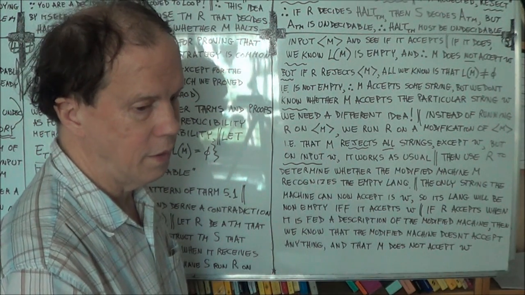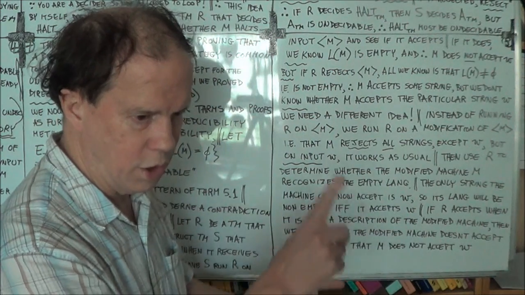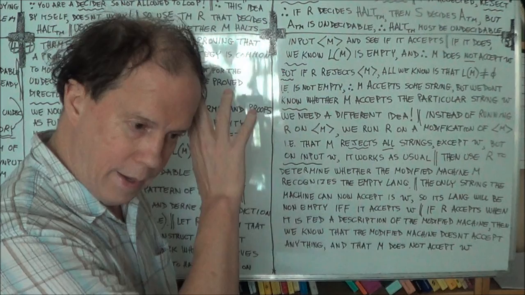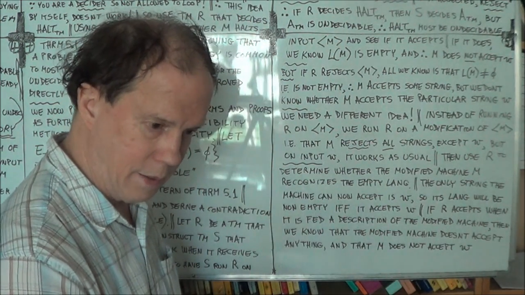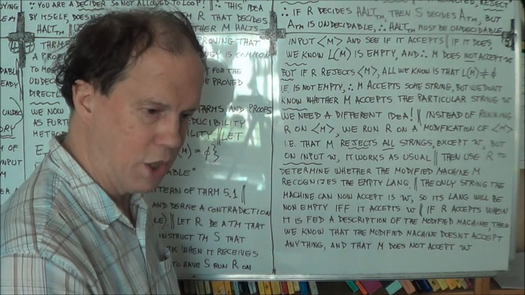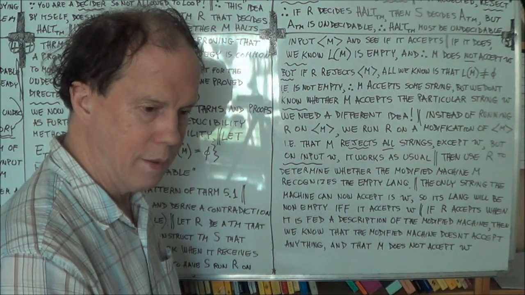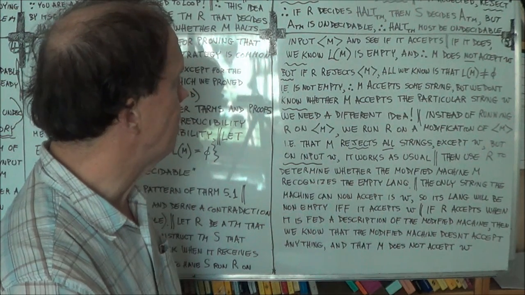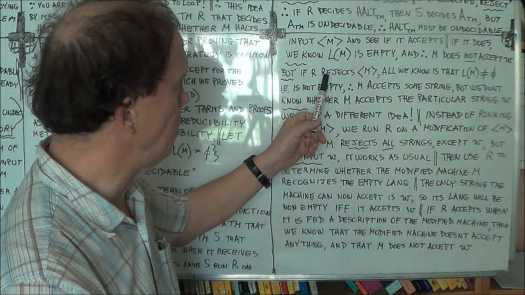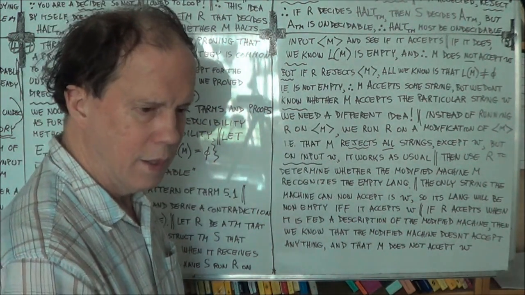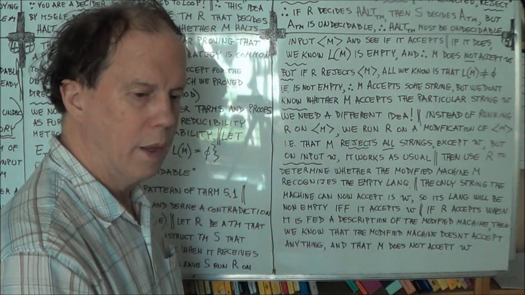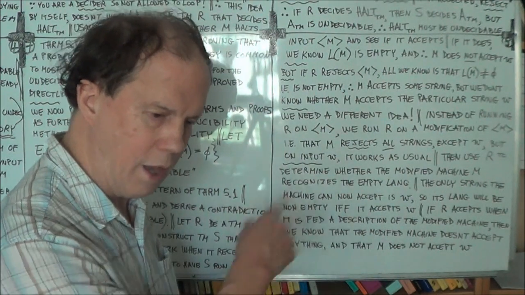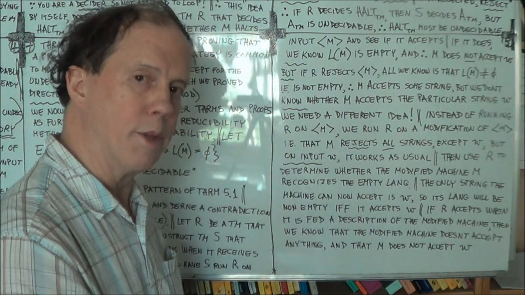It takes a description of a Turing machine, angular brackets M, as input, and asks whether the language of that machine M is empty. So if R rejects, what does that mean? It means that the language of that machine, L of M, is not empty.